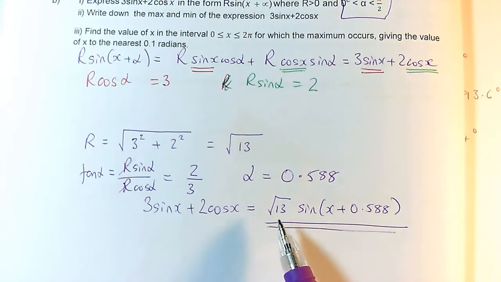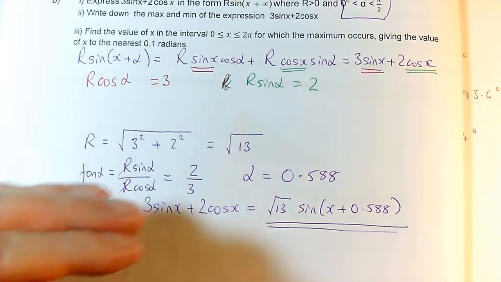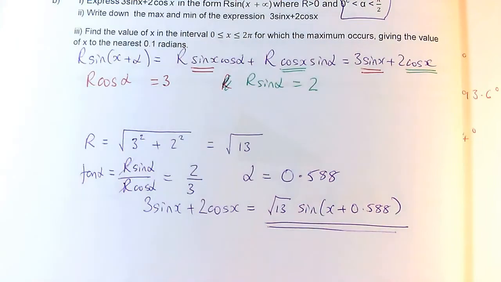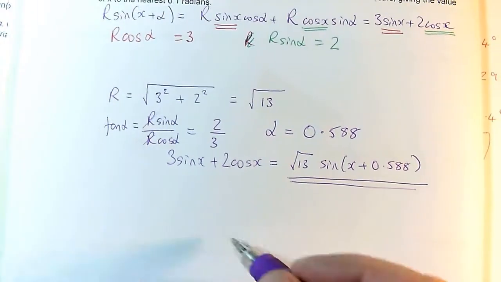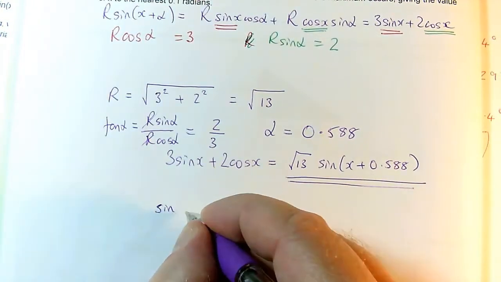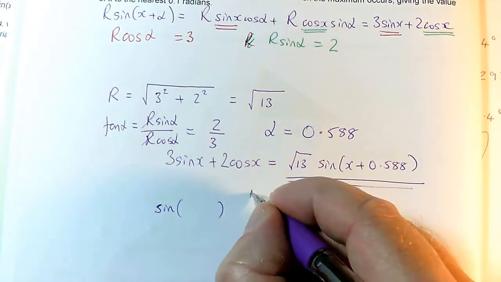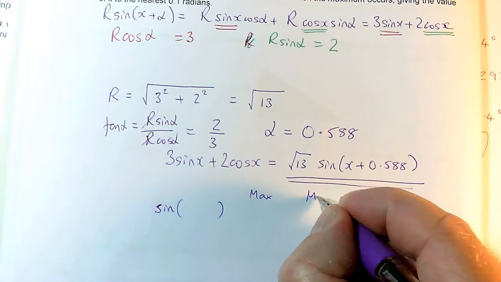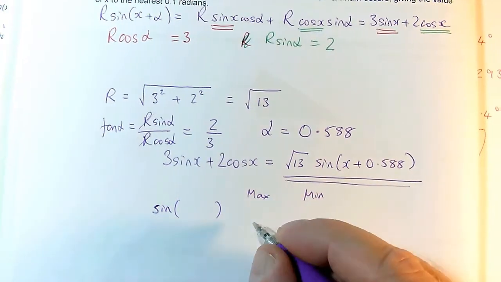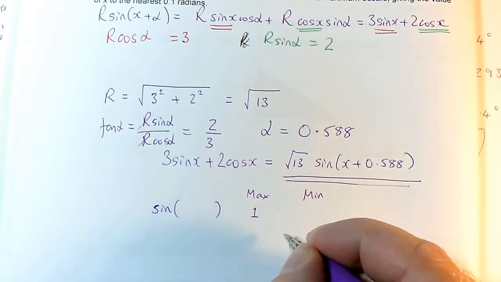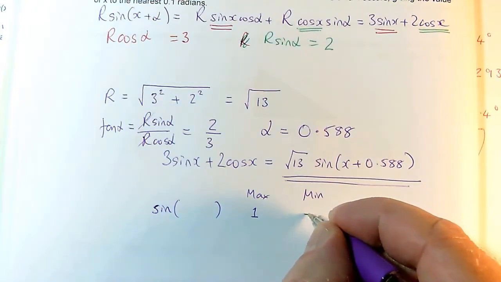But multiplying by root 13 outside is going to cause a stretch and make it root 13 times bigger, and that is going to affect the maximum and minimum values. Or we can just think about sine of the bracket and what its maximum and minimum values are. The maximum value that sine of anything can be is 1, and the minimum is -1.